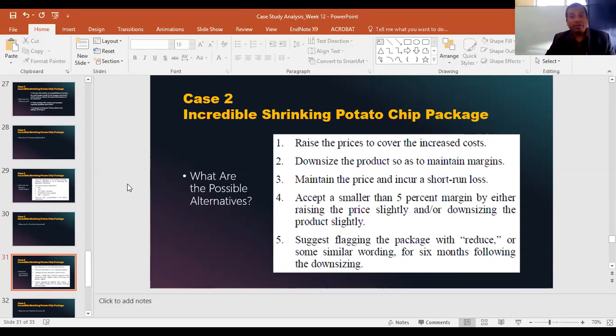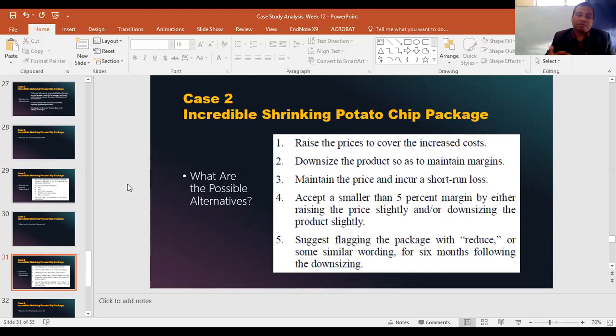The third alternative could be to maintain the price and incur a short-run loss. That could be if you have good resources, a strong financial situation, you can think about a short-term loss. What's wrong in that?